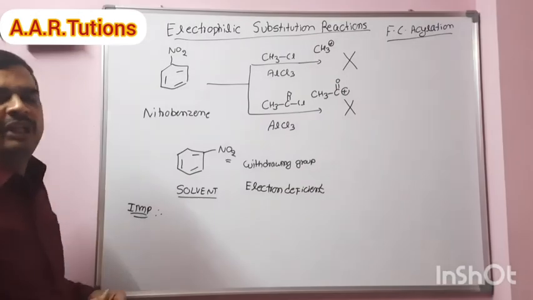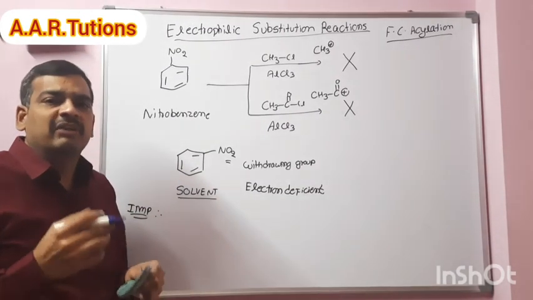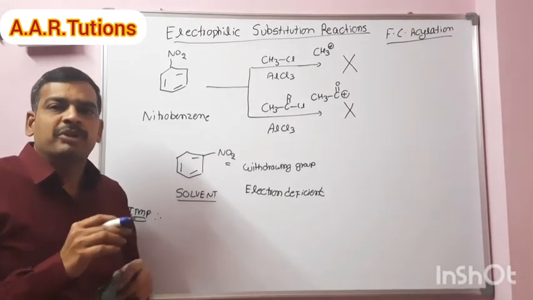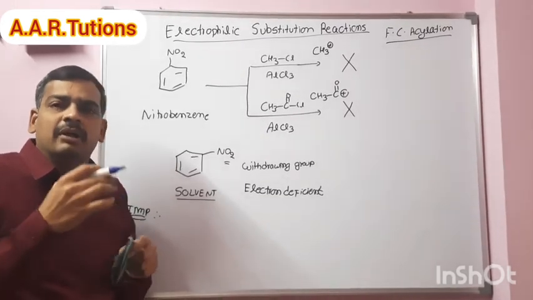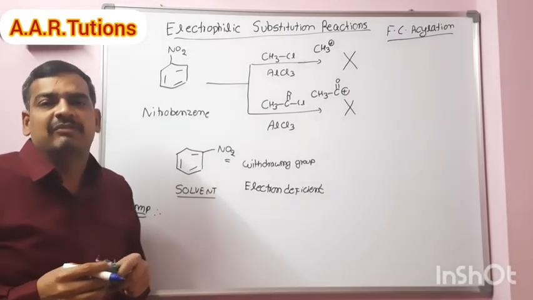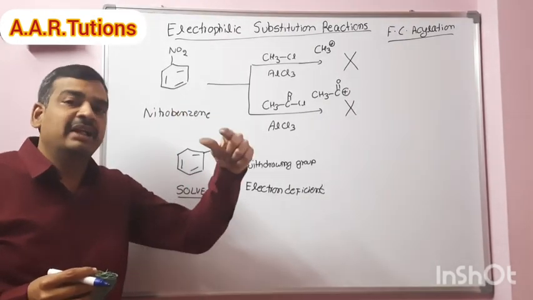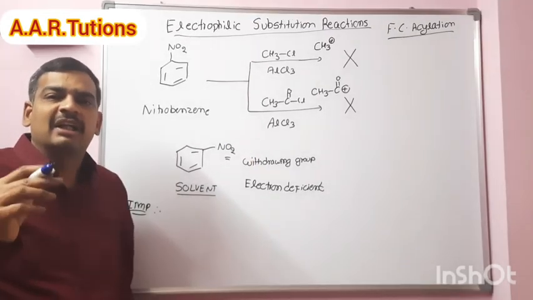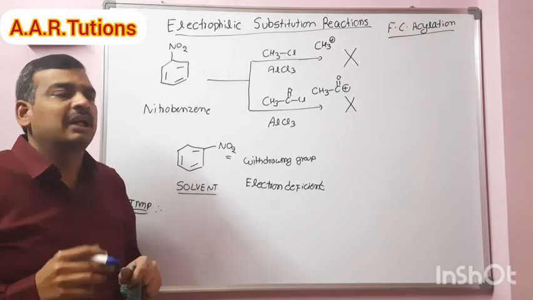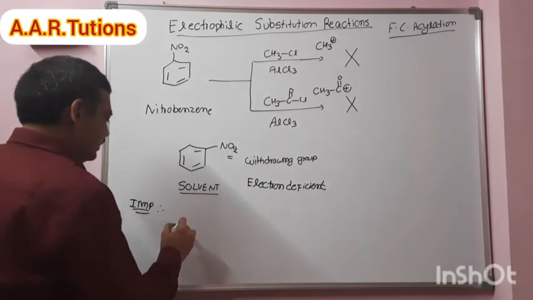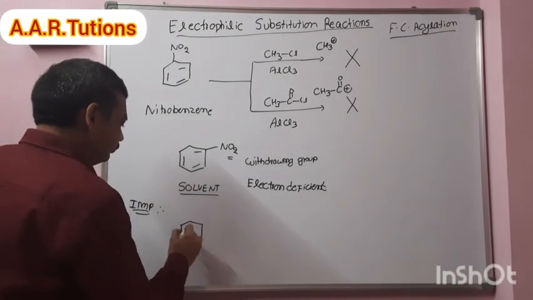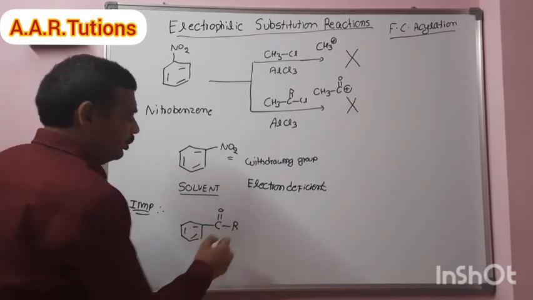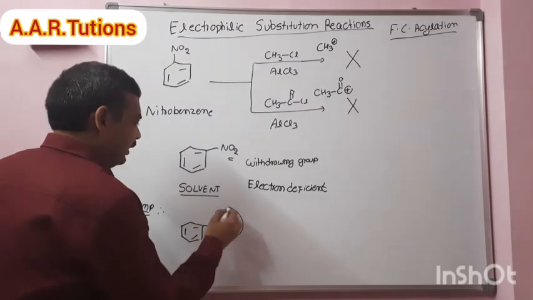In Friedel-Crafts alkylation, one of the drawbacks is that after formation of the product, further Friedel-Crafts alkylation will take place. Why? Because a ring activating group is present in the product. Whereas in Friedel-Crafts acylation, that problem will not be there. Why? Because the product formed is always RCOR, a deactivating group.